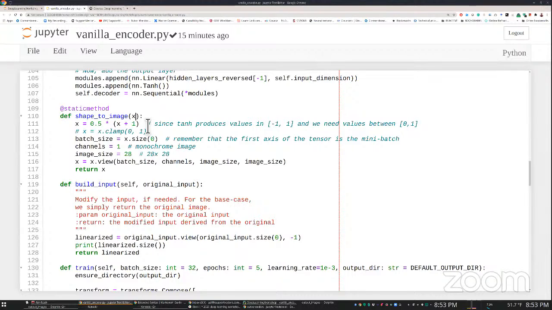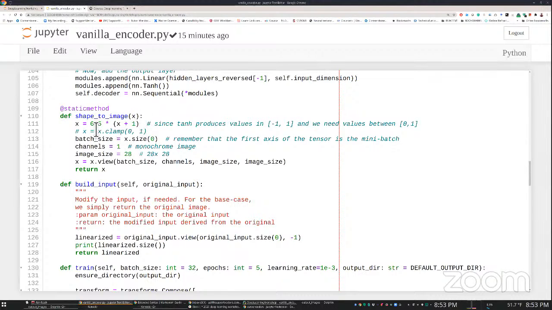Let's say the mini batch is 32, which means it will be 32 cross 784. But that 32 is implicit. PyTorch works transparently with the mini batch, so you don't even speak about it. You just refer to the fact that the other dimensions are a vector.